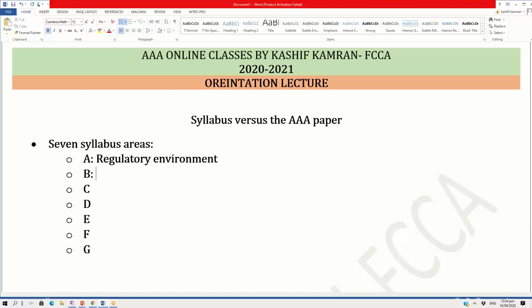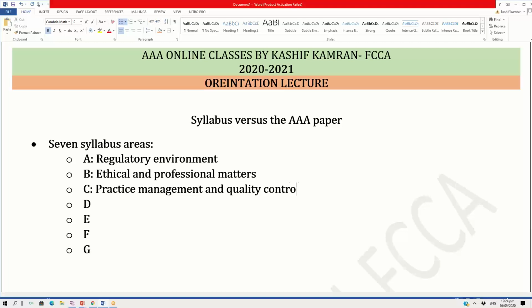Syllabus area B is about ethical and professional matters. Syllabus area C is about practice management and quality control. Syllabus area D is about planning the audit of financial statements.